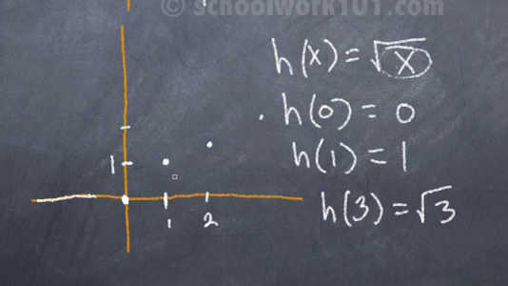If I wanted to sketch this graph out, we would be looking at something that's doing something like this. Right, now my point was supposed to pass through there.